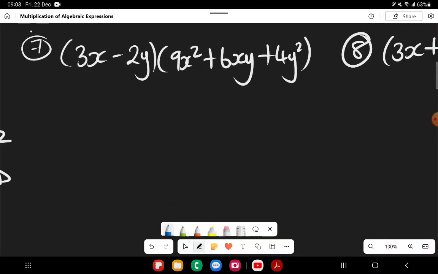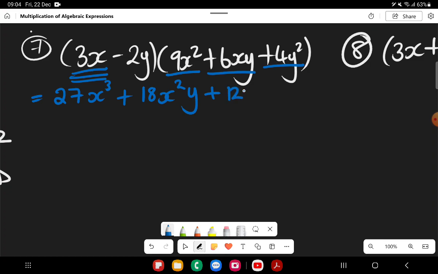So we'll start with 3x times 9x squared. That's going to give me 27x cubed. 3x times 6xy, that's going to be 18x squared y. 3x times 4y squared, that is going to give me 12xy squared.